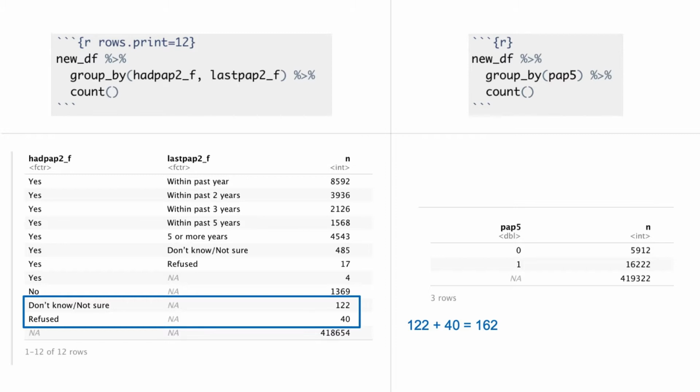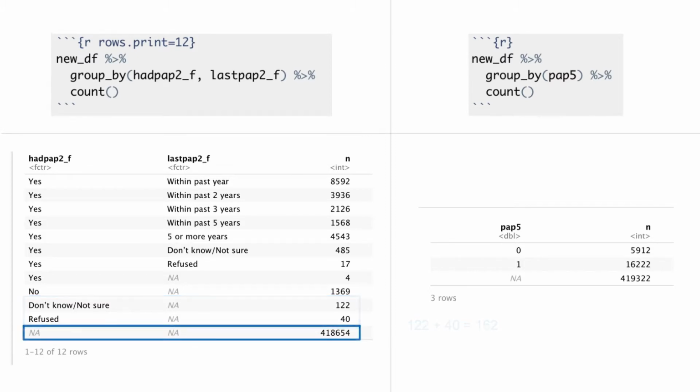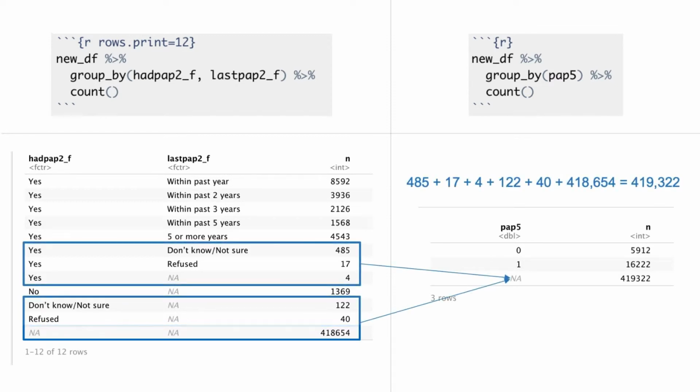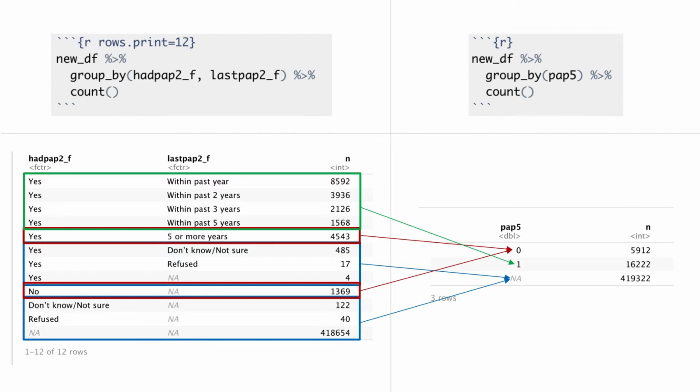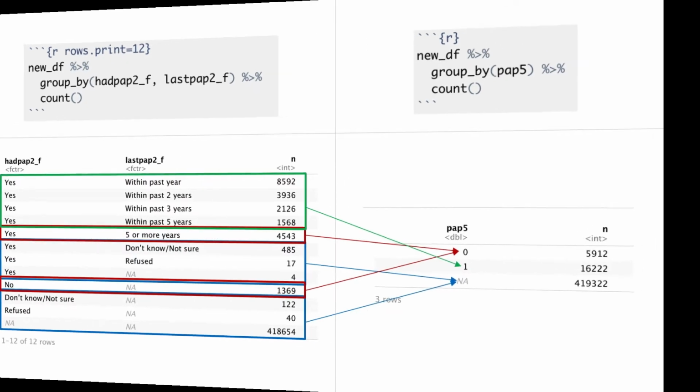Therefore, we certainly can't say if they've had one in the past 5 years. So, the only value we can give them for Pap5 is missing. Finally, these participants didn't answer either question, so we have no information regarding their Pap test history whatsoever. And again, these numbers all add up to exactly the answer we got. We can now feel confident that we appropriately accounted for the skip pattern.